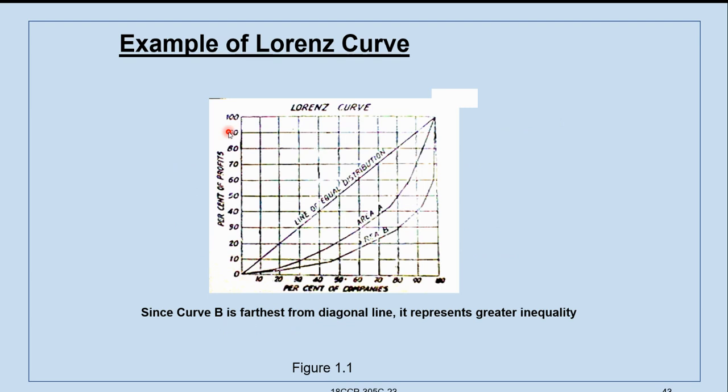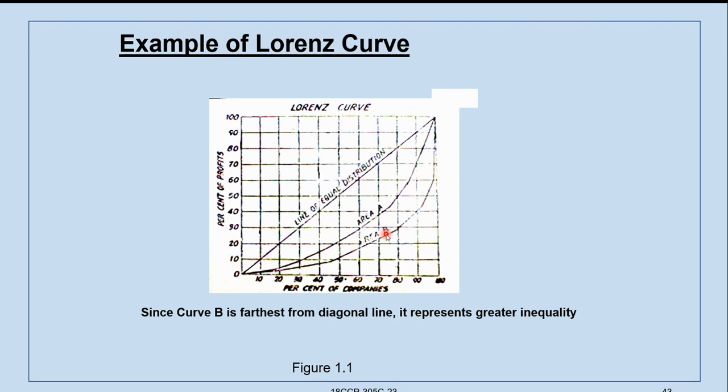The Lorenz curve will look like this. Part A, part B, or area A, area B. Area means here, from here to here, central point to here. That is called dispersion. Variation, scattered, that is. Area B, this one, from this line.